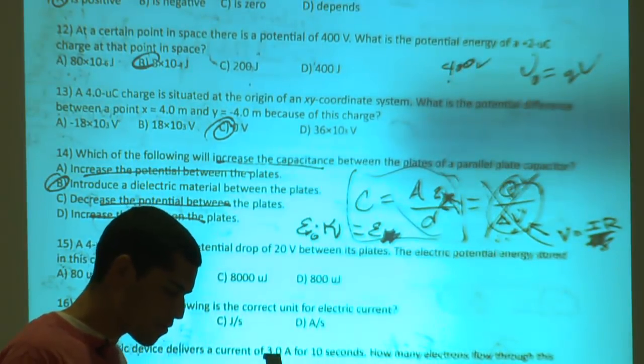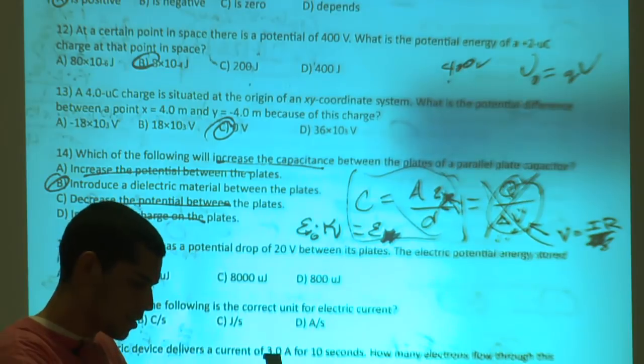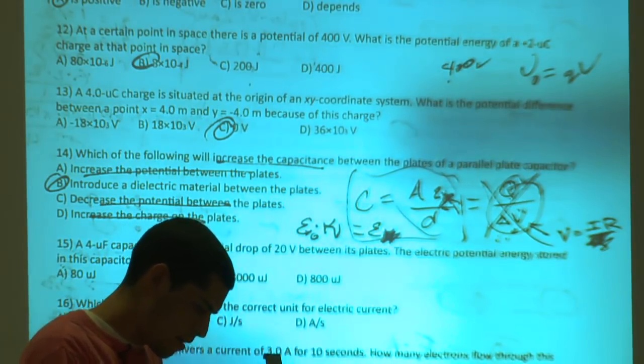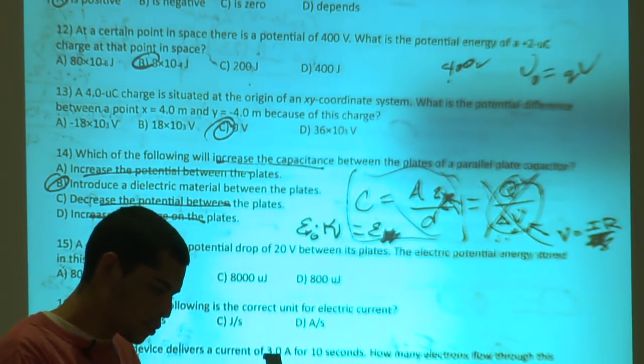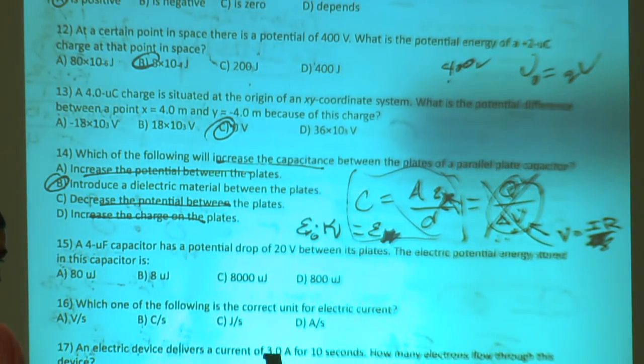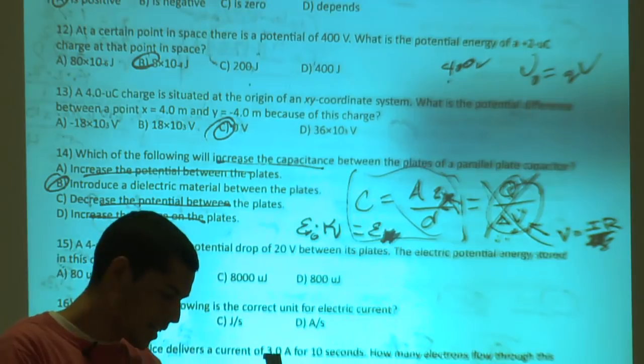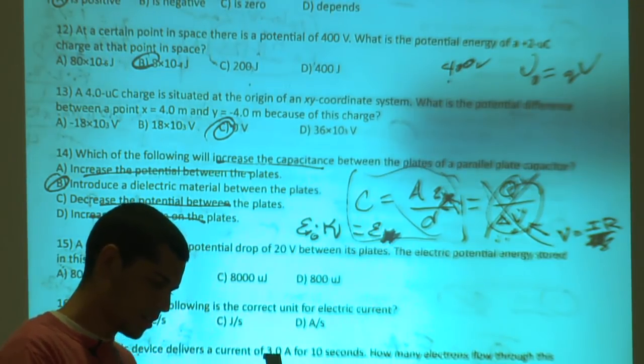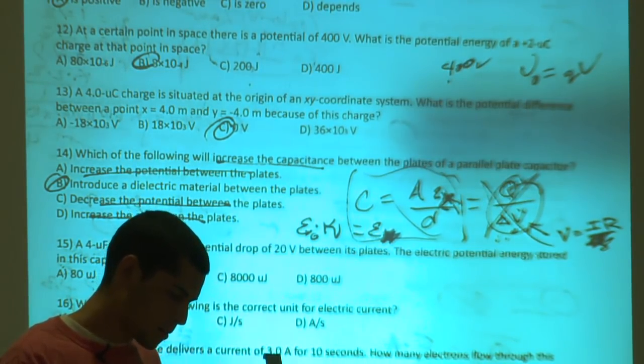But yeah, so let's take a look at a 4 microfarad capacitor. A 4 microfarad capacitor has a potential drop of 20 volts between its plates. The electric potential energy stored in this capacitor is what?